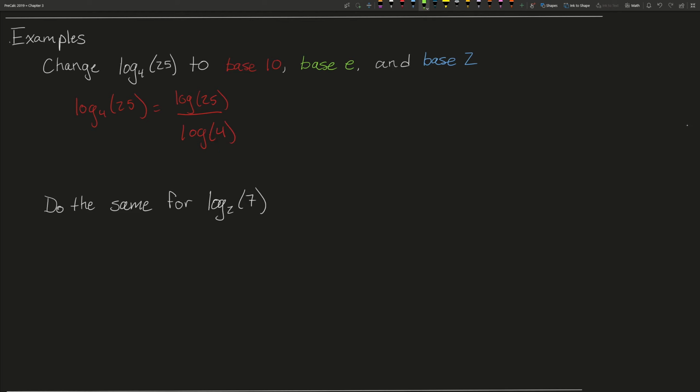In order to change log base 4 of 25 into base e, we take the natural log of 25 over the natural log of 4. And in order to change it to base 2, we take the log base 2 of 25 over the log base 2 of 4.